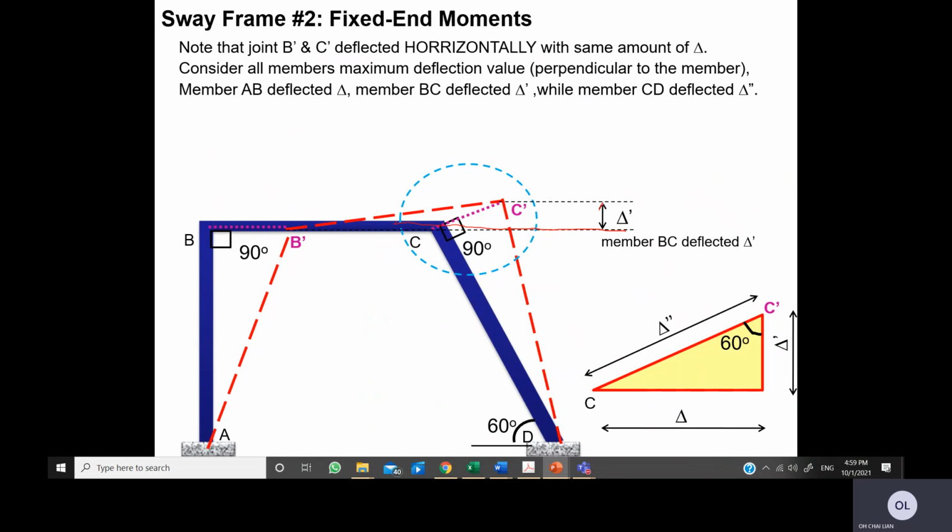This is the deflection, so it is 90 degrees to the member. So this is the rule: the deflection taken must be the maximum and must be 90 degrees to the member of your interest.